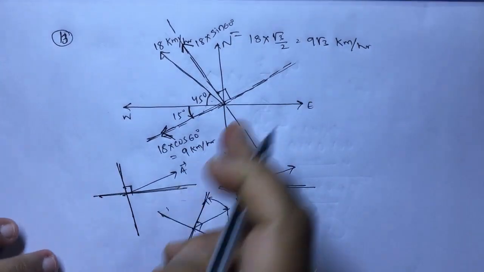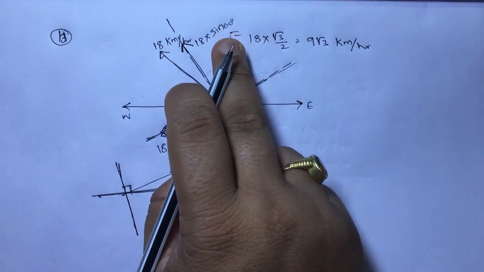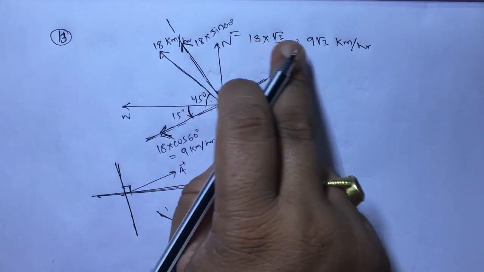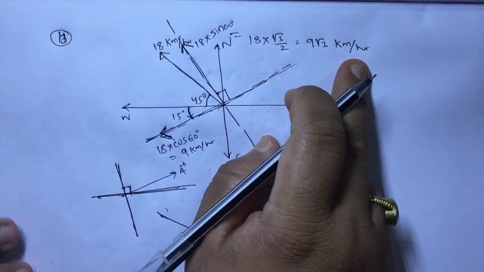So these are the answers. Along the shoreline, the component is 9 kilometers per hour, and along the perpendicular direction to the shoreline, the component is 9 root 3 kilometers per hour.